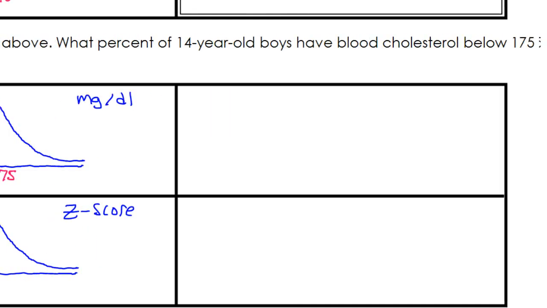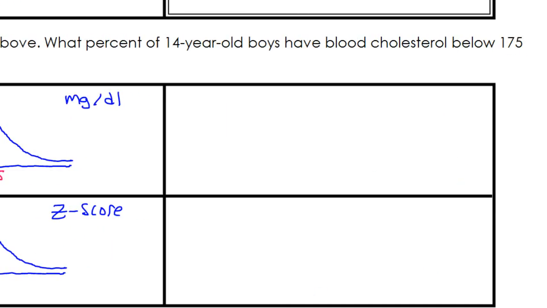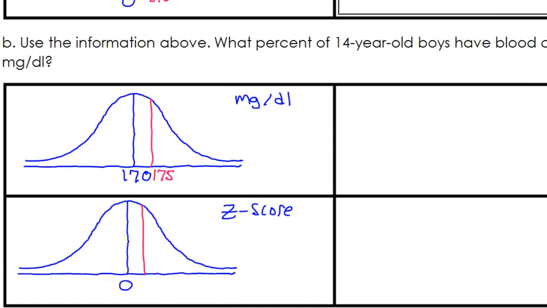Now, it said below 175, so that means to the left of this. So here's 175. So we'll shade it in.